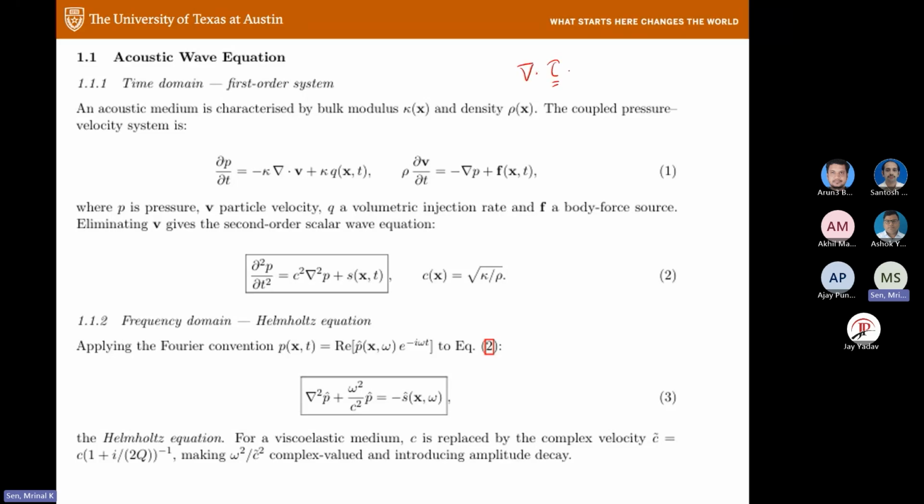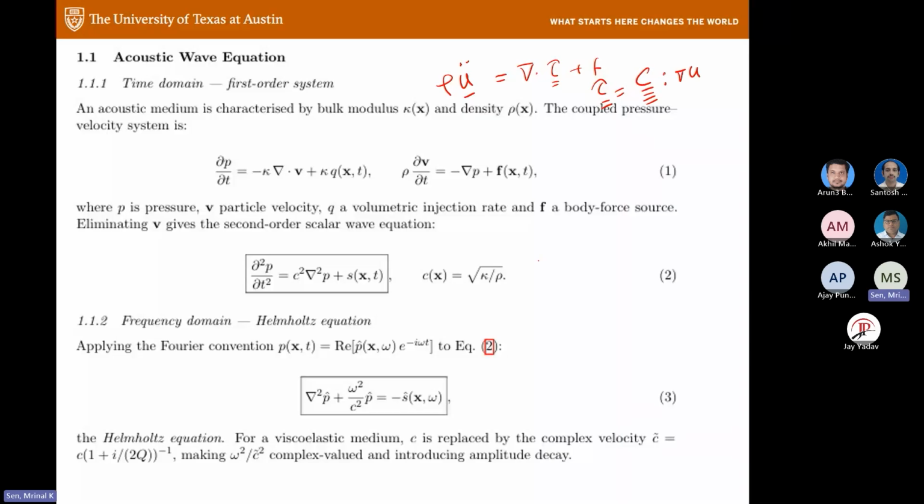Divergence of tau plus F is equal to rho u double dot, right? And then there's Hooke's law, which is your C, or tau, which is the stress, is given by C grad u, right?